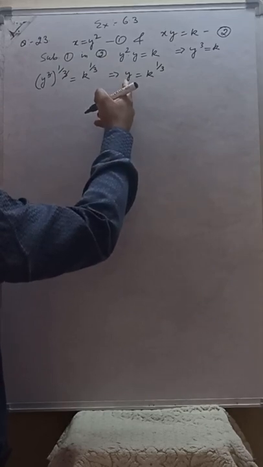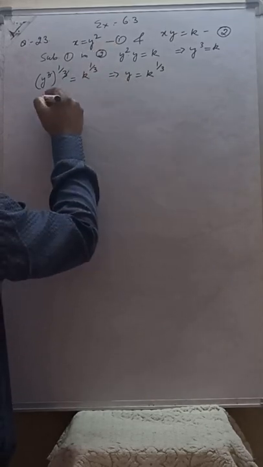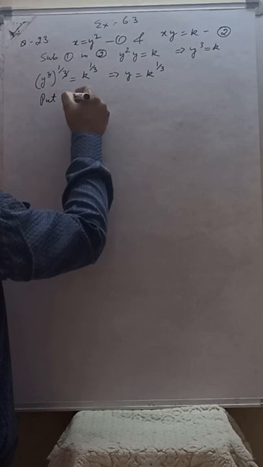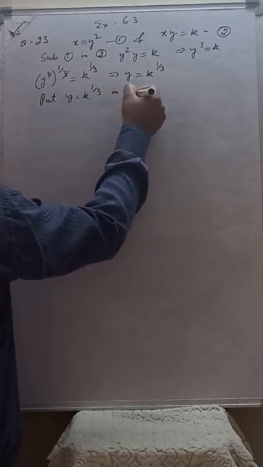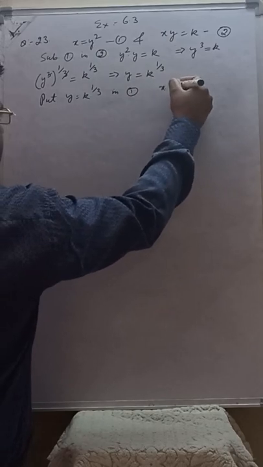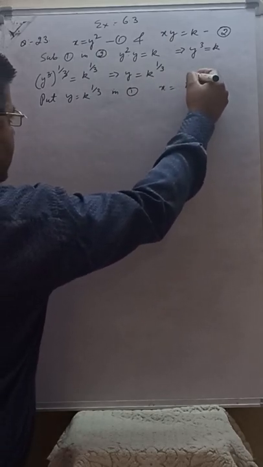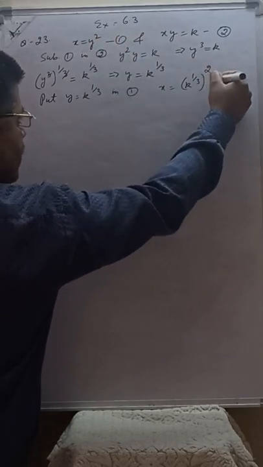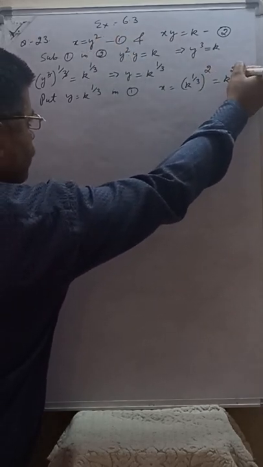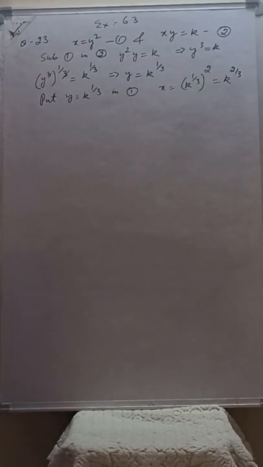Now this value of y we will put in 1. Put y = k^(1/3) in 1. So we get x = y², which is (k^(1/3))², which becomes k^(2/3). Now we have got the point of intersection.